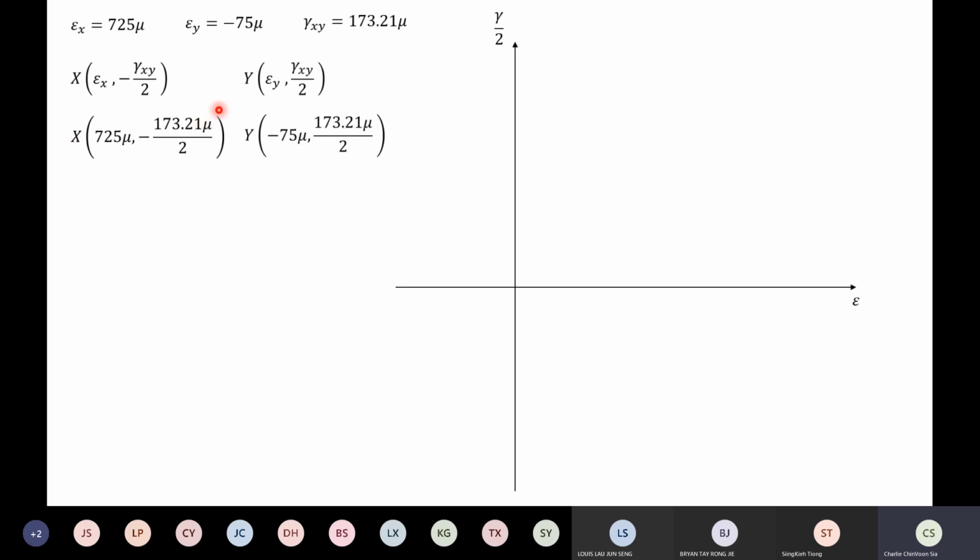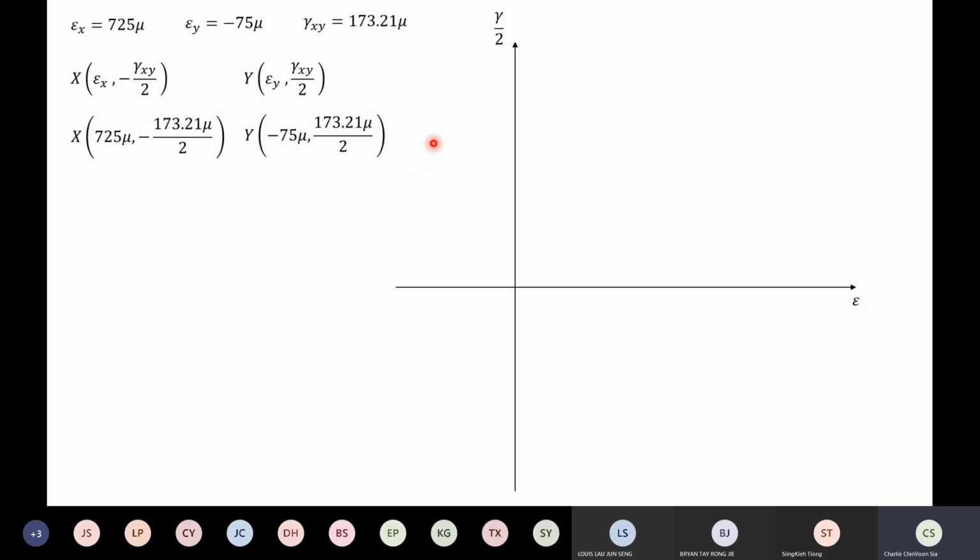Same for the coordinate for Y: strain Y, comma, positive shear strain XY divided by 2. Substituting all the values, you will get negative 75, then shear strain XY divided by 2 will be 173.21 micro divided by 2. So this is the Y coordinate.